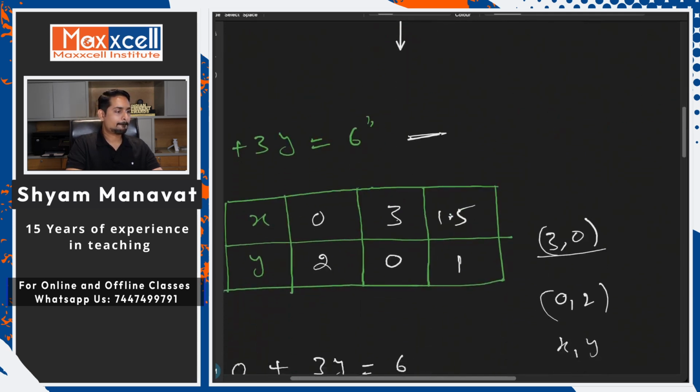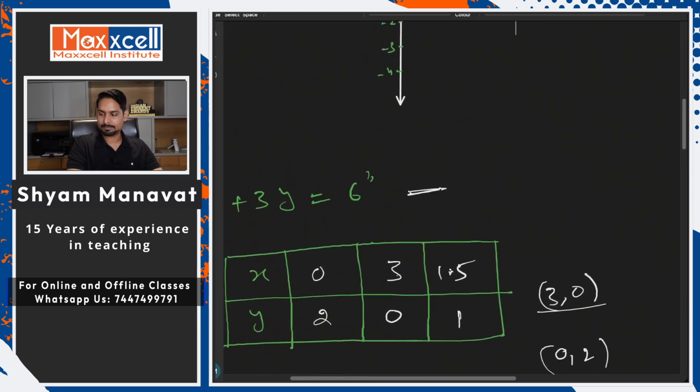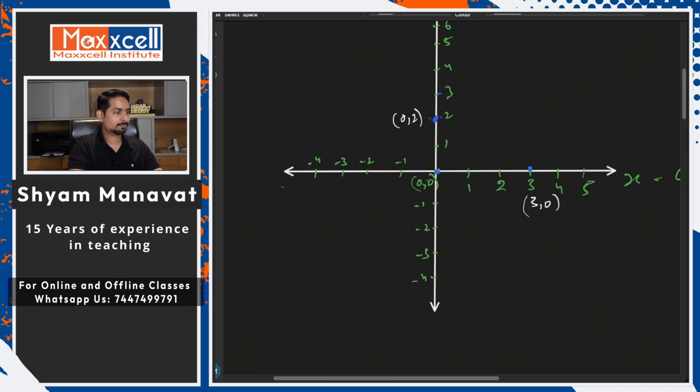Next point, 1.5, 1. X is equal to 1.5 and y equal to 1. X equal to 1.5, you will get somewhere between 1 and 2.